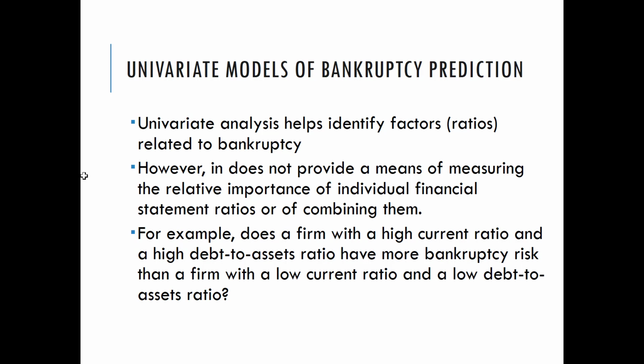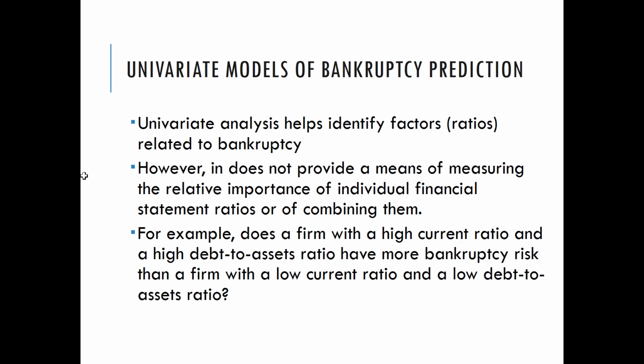So the Beaver study was basically the first step into bankruptcy prediction. It used univariate analysis because we tried to identify individual factors or ratios. It provided a nice little start, but the problem is it does not tell us how important each ratio is relative to one another and how a combination of them might work together.